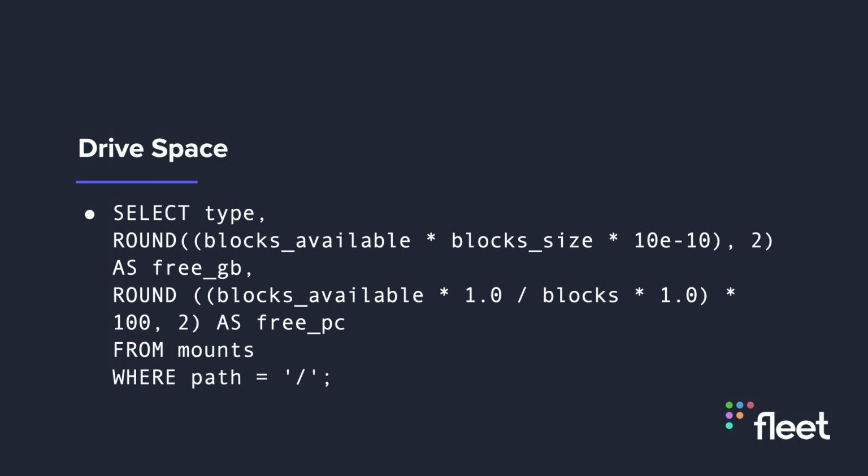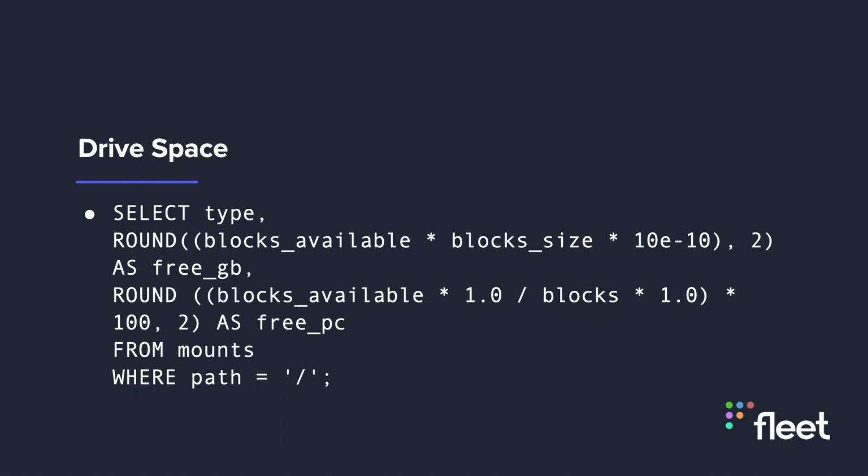So we're basically figuring out how many blocks are available in the block size, multiplying that and then rounding it to get the number of gigabytes free on that. So we do ROUND(blocks_available * block_size, 2) AS free_GB. What we're saying is take this math equation and give the column name free_GB.